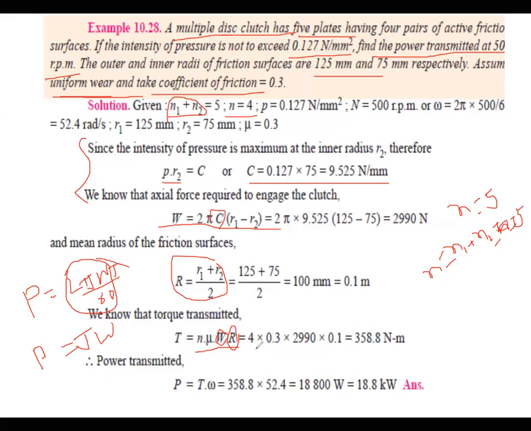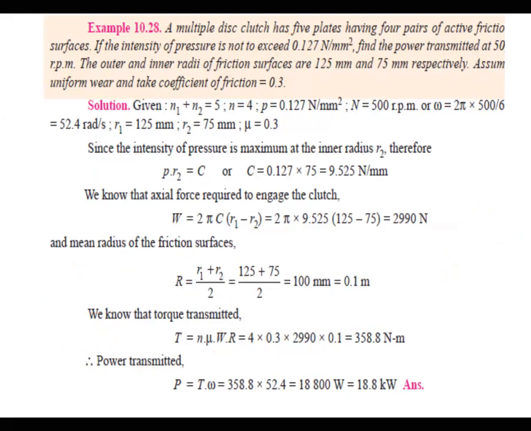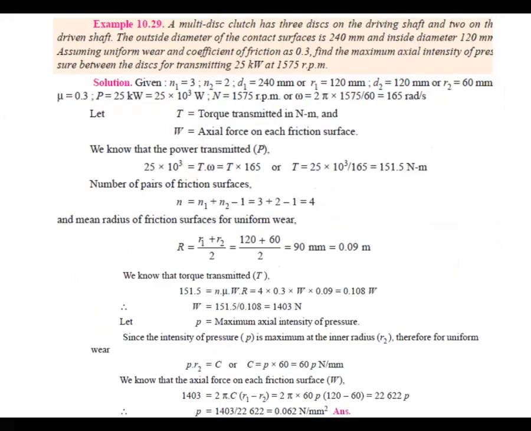This is the one problem, very simple problem. One more problem I also added here, which also belongs to that only. A multi-disc clutch has 3 discs on the driving shaft and 2 on the driven shaft.